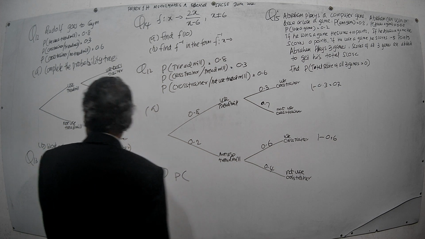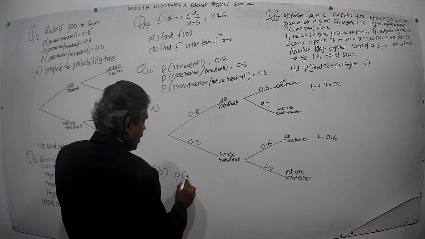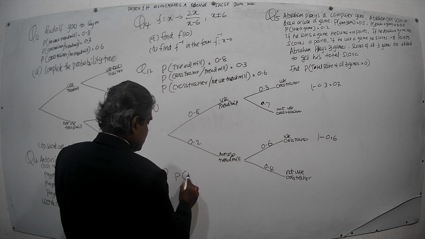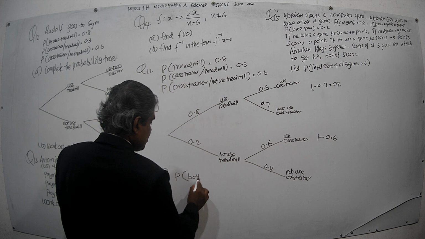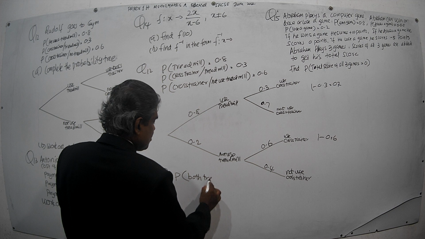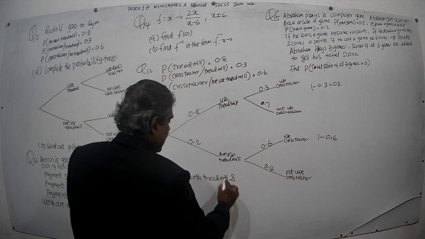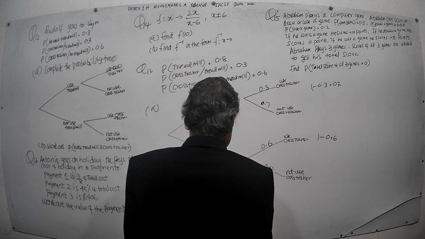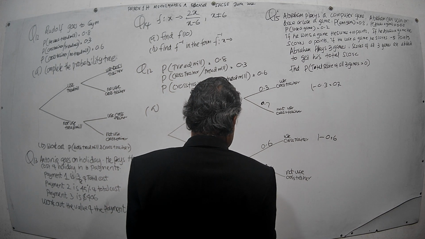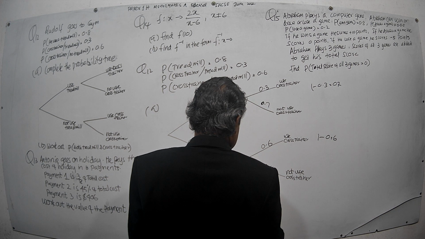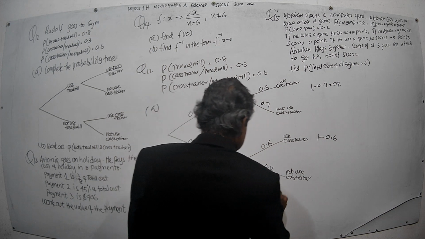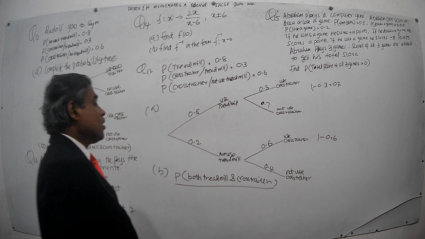I have written it using probability notation like this. He uses both treadmill and cross trainer. How do you find it?